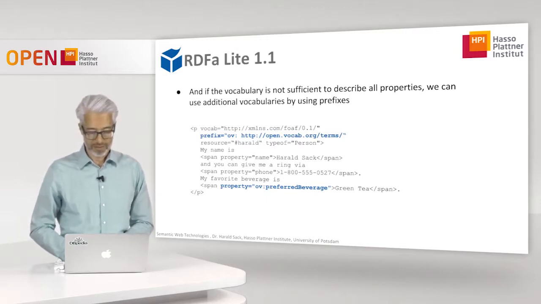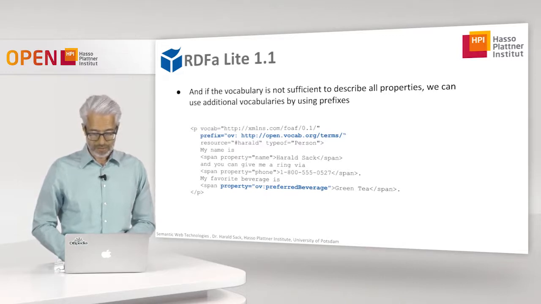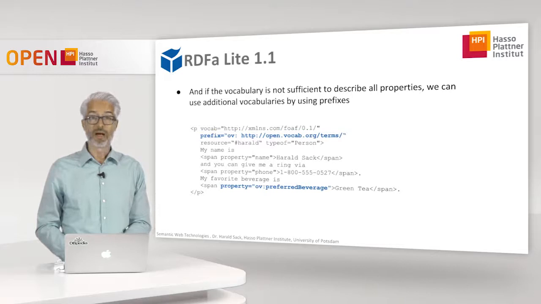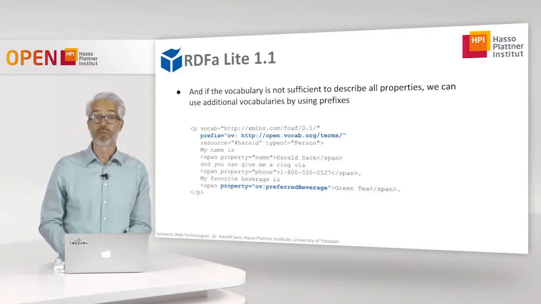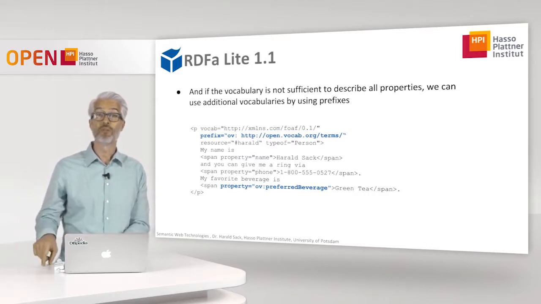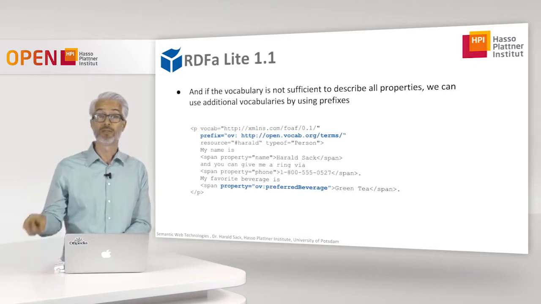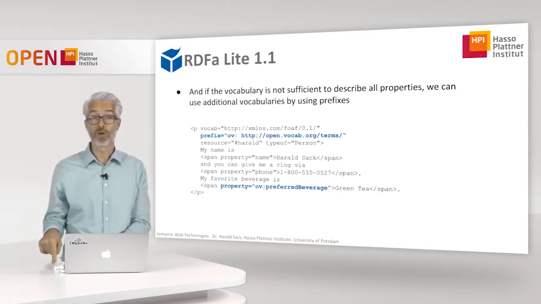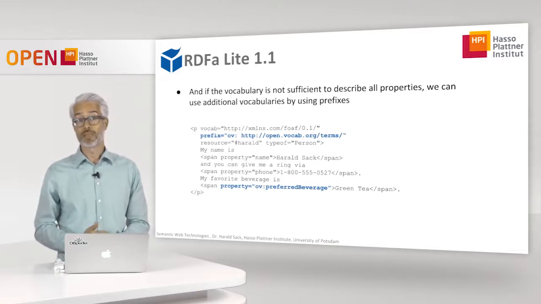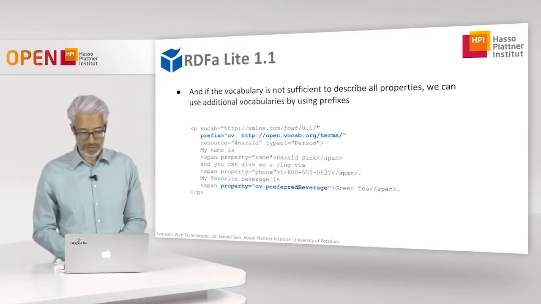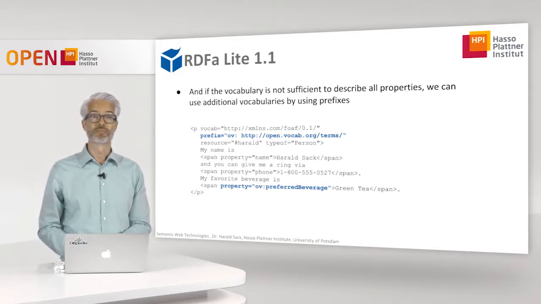This is possible with the Open Vocabulary, and therefore I add to the paragraph: my favorite beverage is, and then I introduce a span tag with the attribute preferred beverage, which stems from the Open Vocabulary. The prefix for this I have defined right here, it's ov. So ov:preferredBeverage, and then the content of the tag is green tea, which denotes as a literal my preferred beverage.